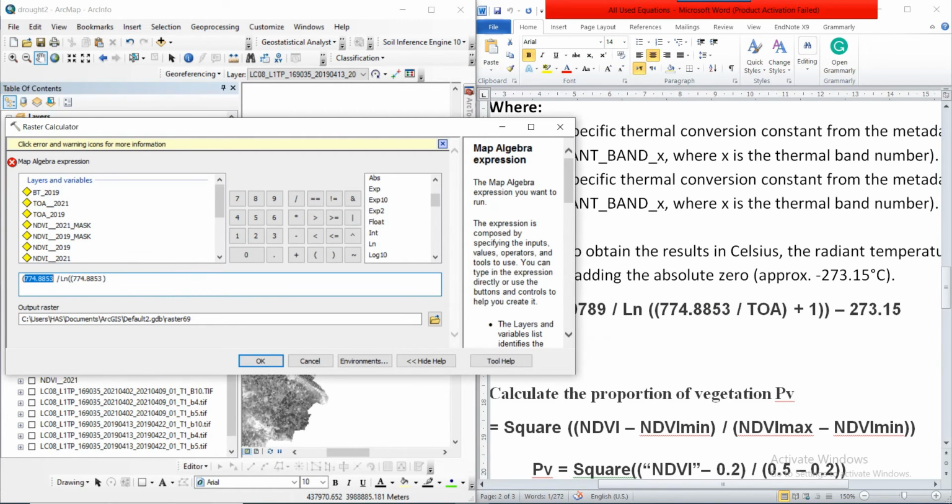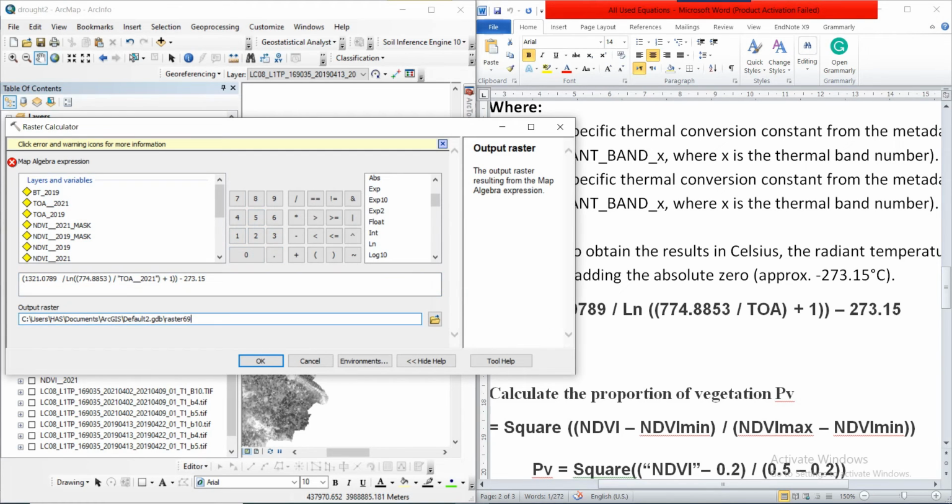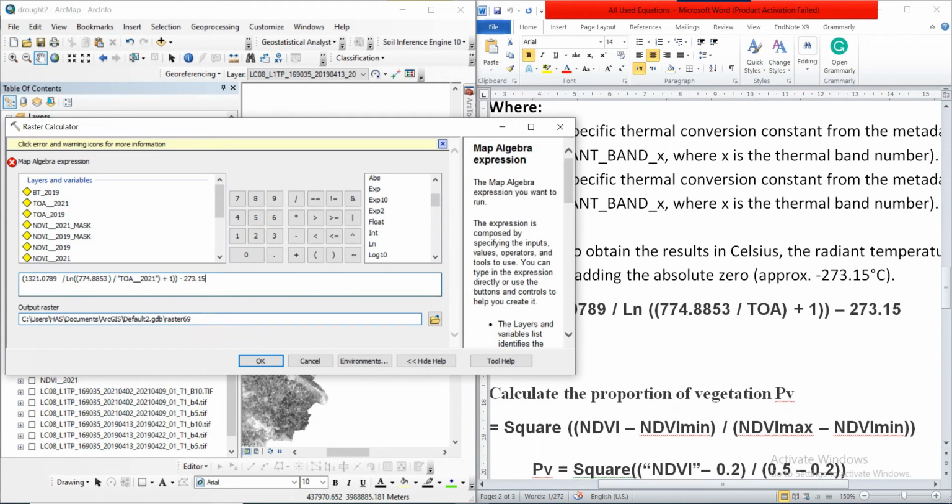So this is the first value and this is the second value divided by TOA of 2021 and plus 1 and minus 273.15. So we have a problem with brackets.